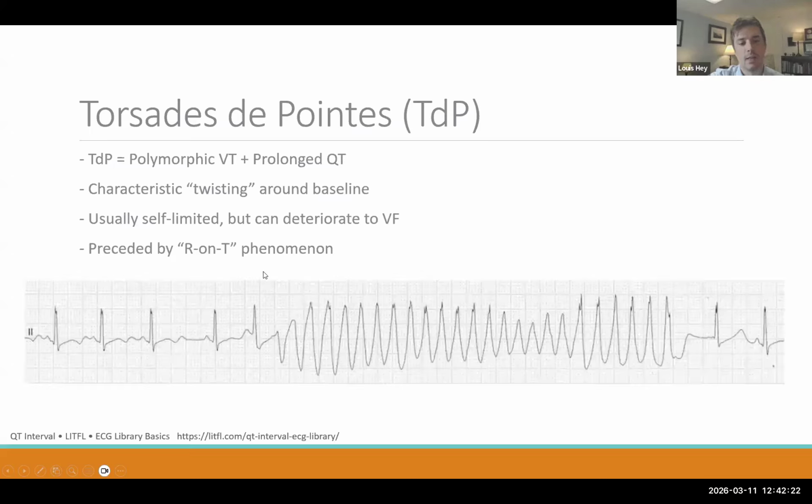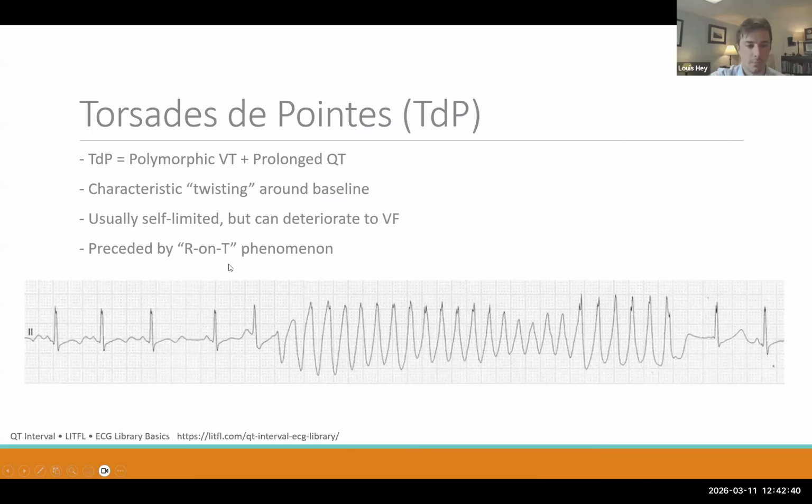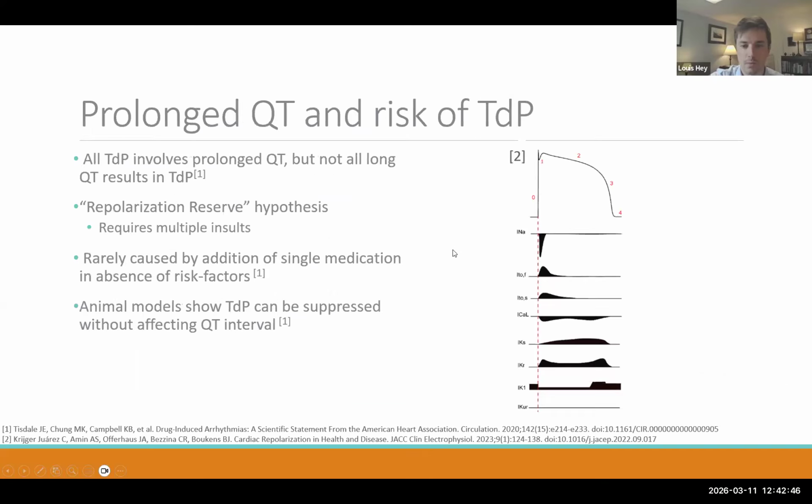And then you'll get a PVC that hits during repolarization, on the T or shortly after, right on the U. In this case, it was a PAC that hits right there when repolarization is still happening, and that just shoots into torsades there. And that's the R-on-T phenomenon, the R wave over the T wave, that can precipitate torsades.